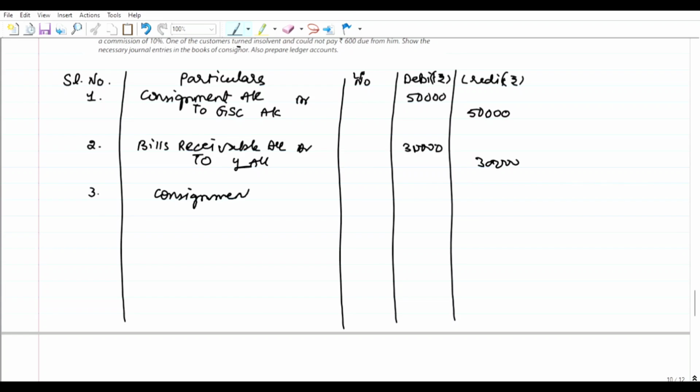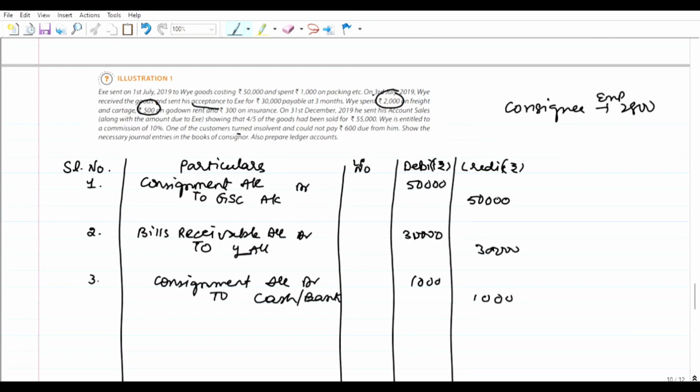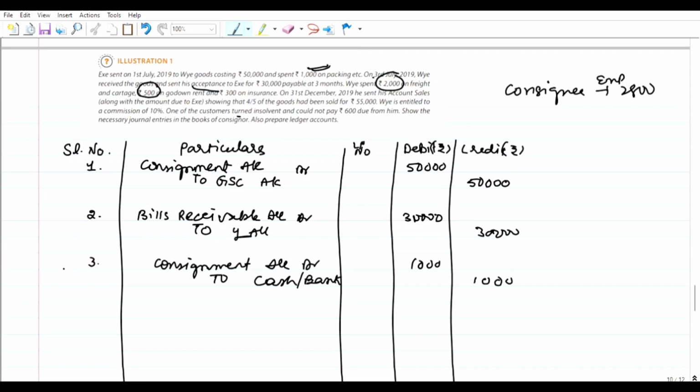Consignment account debit to cash or bank, rupees 1000, I suppose. 1000 rupees, let us go for checking. Yes, for packing he has incurred that expenditure.